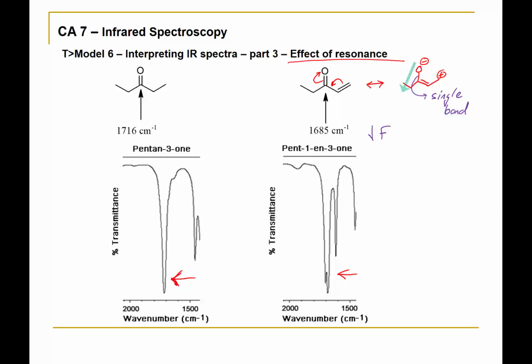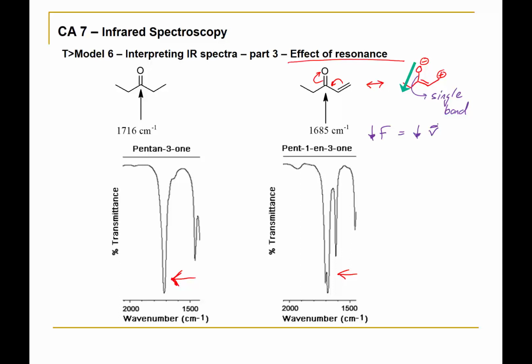This will decrease the force constant and therefore decrease the wave number where we'd expect to see the signal. So it makes complete sense that the signal is going to occur at less than 1710 or so, and down now into the high 1600 centimeters to the -1. So that's an effect of resonance.